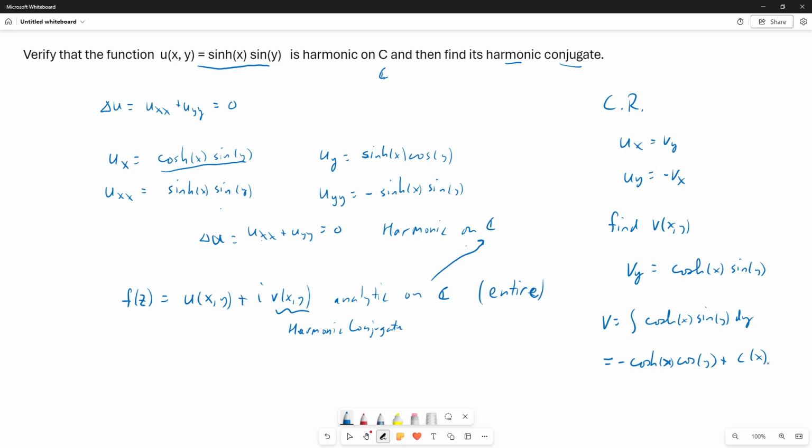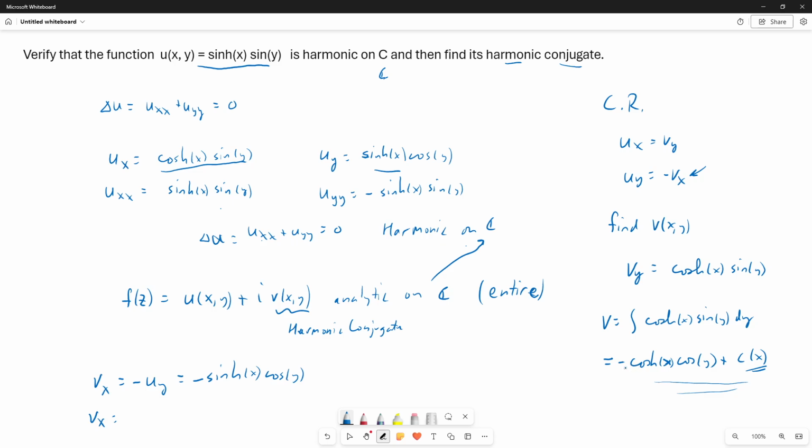Okay, so we have to finish it off, we have to figure out what possibilities we have for that constant, and we will use the other Cauchy-Riemann equation. So v sub x is supposed to equal negative u sub y, just putting the negative sign on the other side there, and that we calculated here, so that's negative hyperbolic sine x cosine y. But on the other hand, v sub x can be calculated directly from our knowledge of what v looks like.